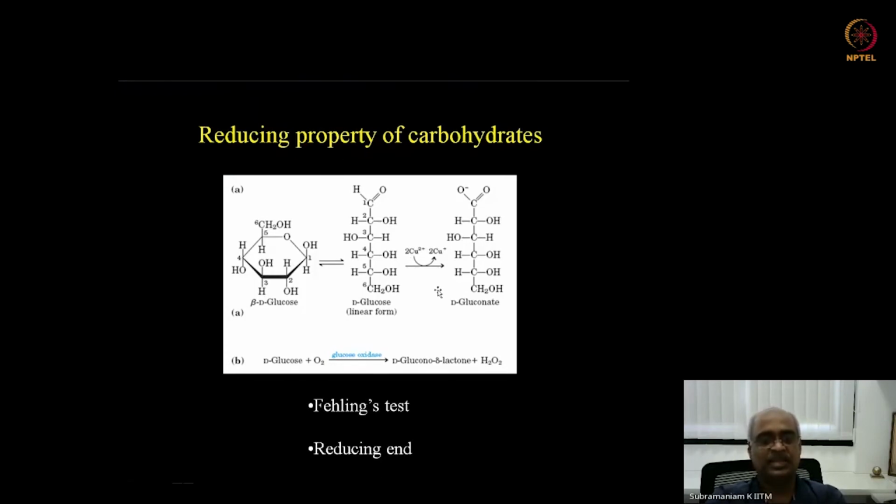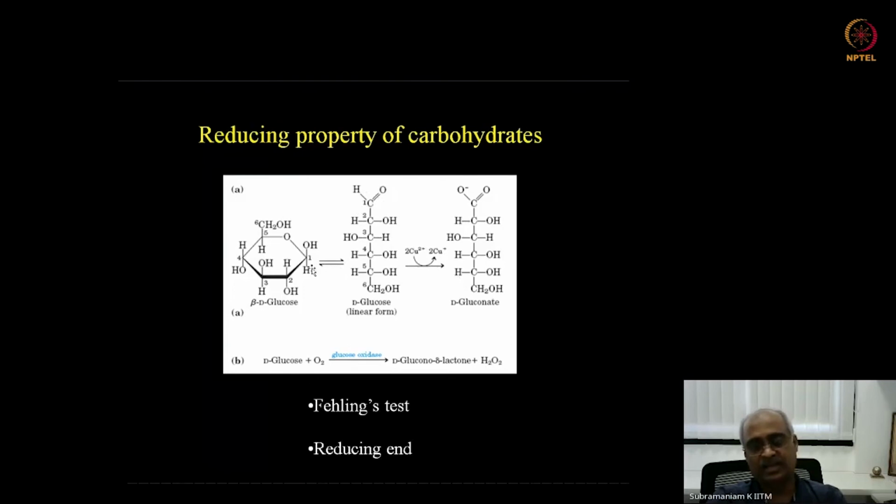So in a long chain of alpha-1,4 linkage of glucose, which is the starch or glycogen, one end of the chain will have a glucose molecule like this. Its 4th carbon is linked, but the 1st carbon, the anomeric carbon, is not linked in a glycosidic bond. So therefore, this can be in equilibrium with this aldehyde form, and this can reduce.